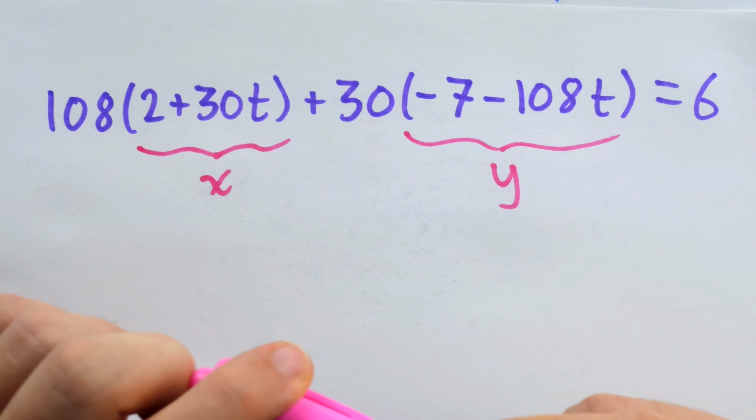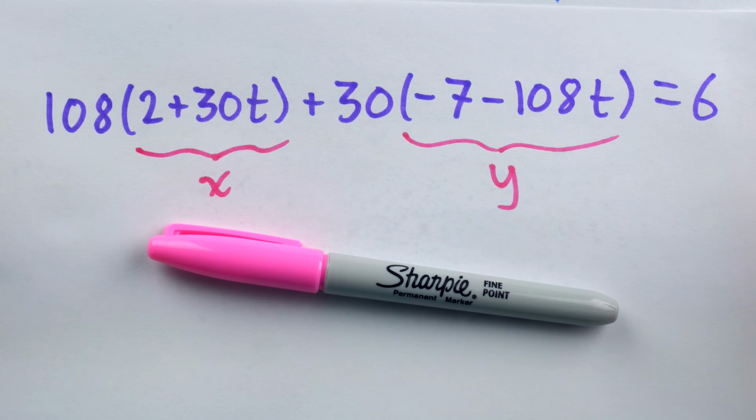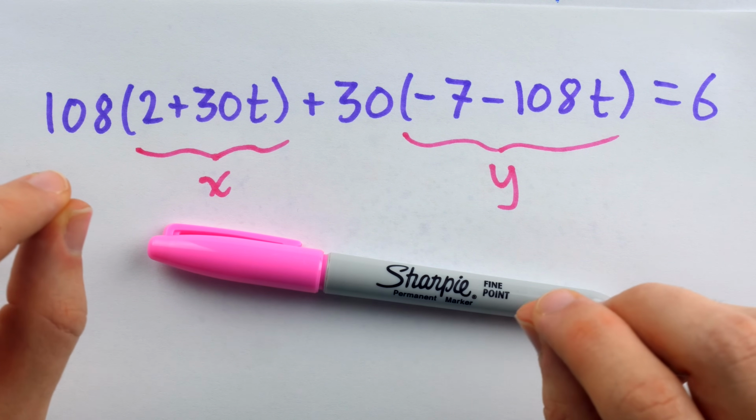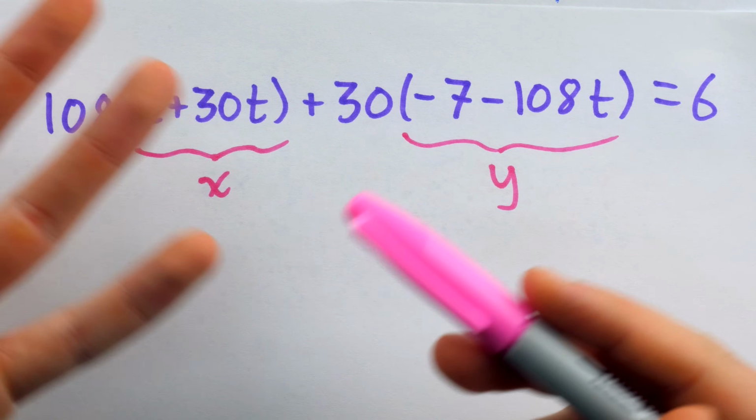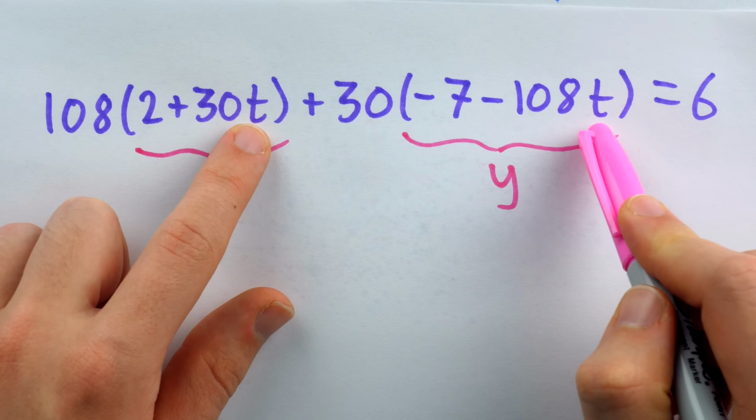So indeed, we have infinitely many solutions here, but do we have all of the solutions? The answer is no. Remember, we're only interested in integer solutions, so we want t to be an integer.